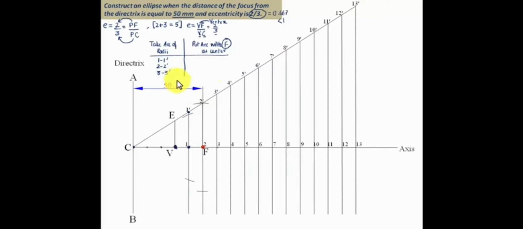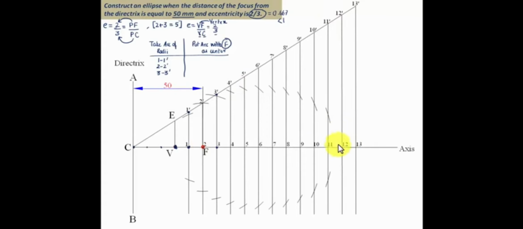Now take the 3 3 dash radius, put it at F as the center, and cut line 3, top and bottom. Take 4, put it at F, cut 4 top and 4 bottom. Take 5, like that, up to 11, and the last point is 12. It will come on the axis line itself.